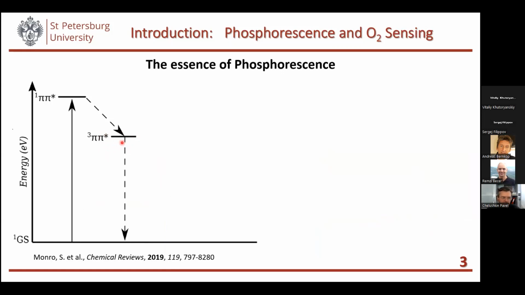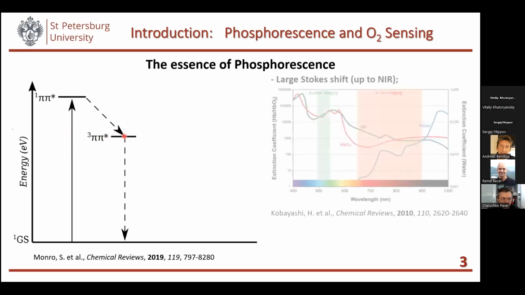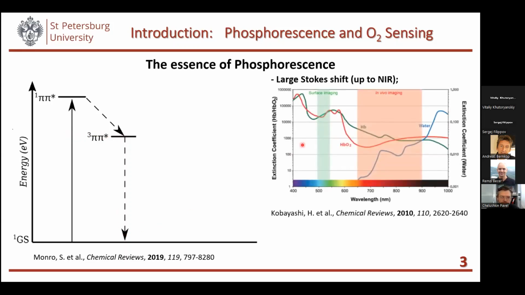And due to the triplet nature of these states, we have several benefits of these systems compared to, for example, conventional fluorophores. First of all, the triplet states usually lie lower in the energy diagram, and as a result, we have less energetic photons that usually fall into the so-called window of transparency of biological tissues.